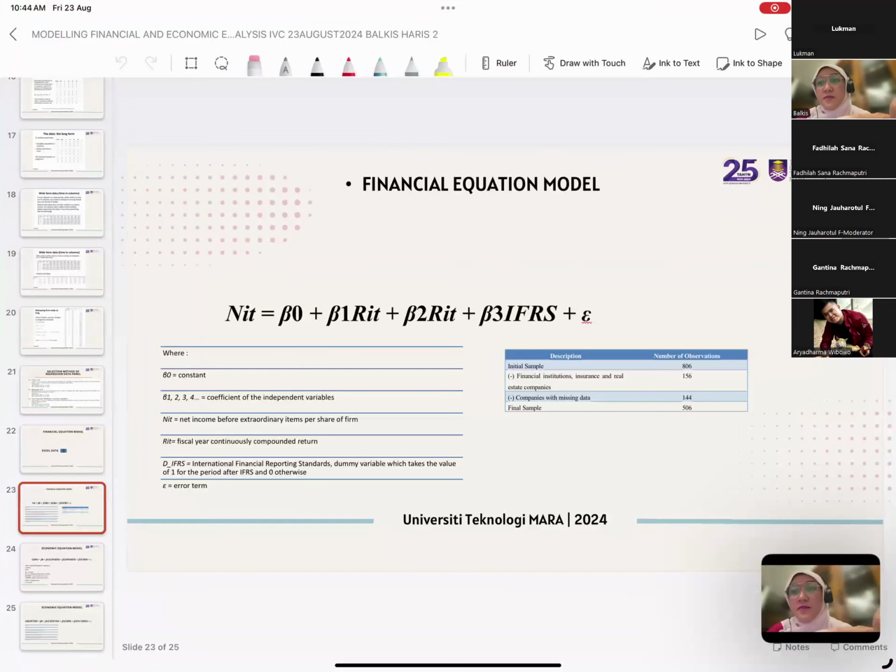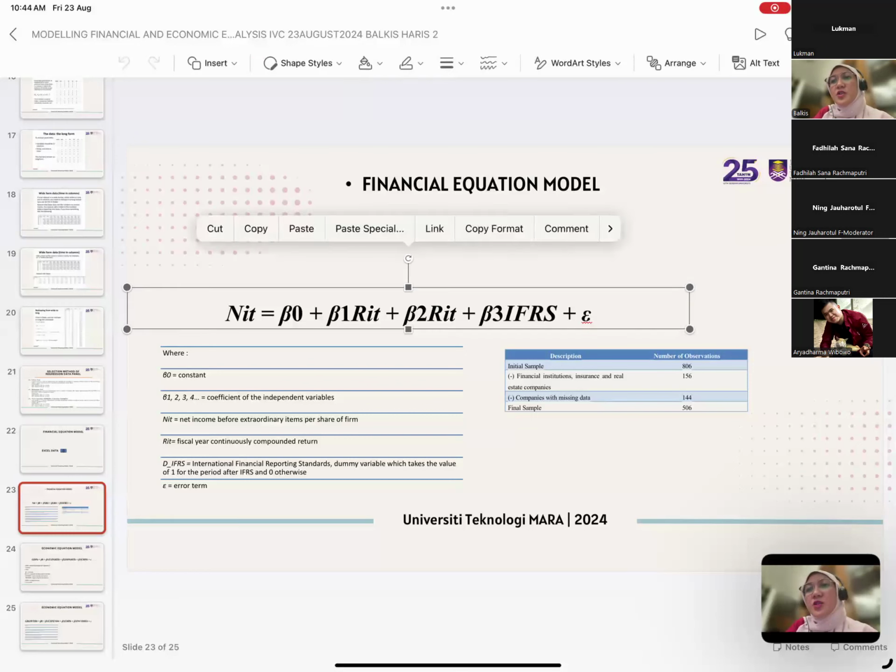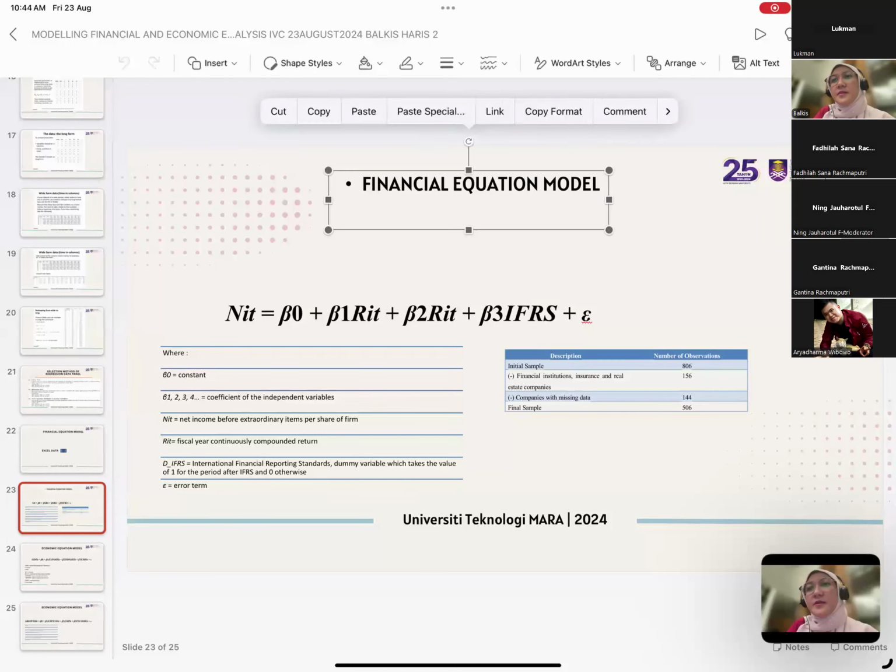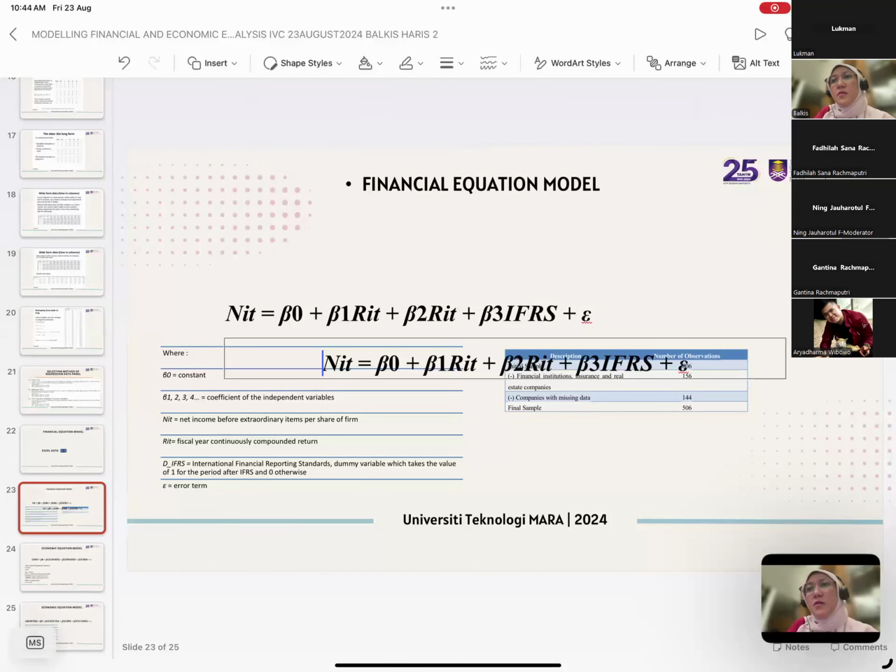So just now when I gave you an example of company performance, the financial equation for company performance will be, I write it here.